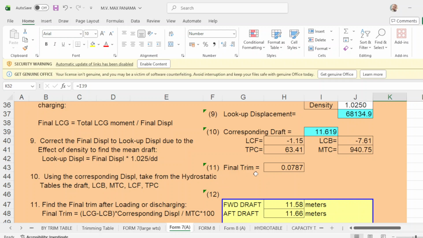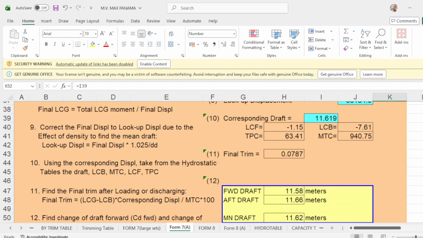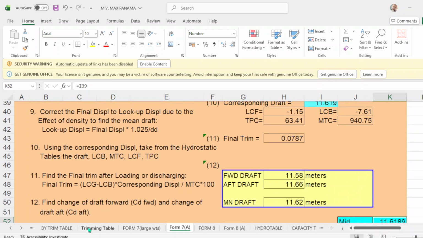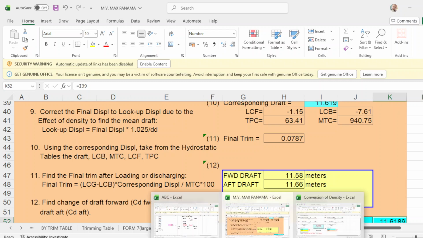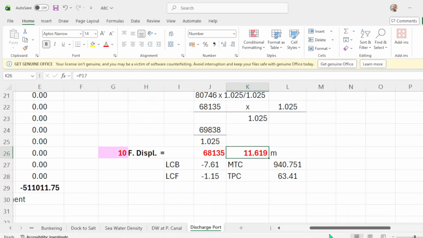What will be the final trim? Find the final trim after loading or discharging. Final trim equals LCG minus LCB times your corresponding displacement over MTC times 100. That will be number 11.